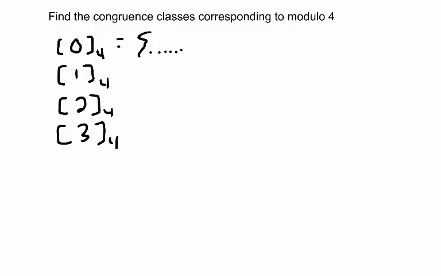We know that 0 needs to be part of this congruence class. Our difference between each integer will be 4. So we have 0, 4, 8, 12, and so on. And in the negative side, negative 4, negative 8, etc., extending to negative and positive infinity.